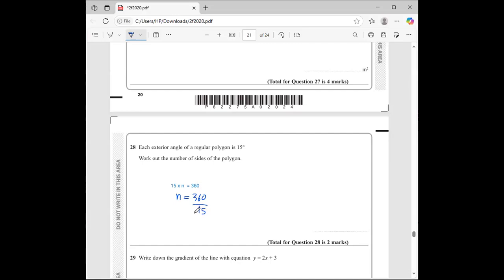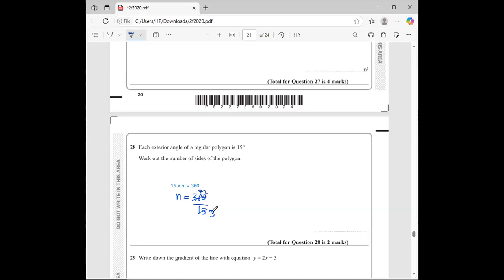But let's see what will happen if it were interior angles that they asked. So 15, 360, you can use 5 and break down. 5 in 15 is 3. 5 in 36, we know that 5 times 7 is 35, leaving us with 1. And 5 in 10 is 2.